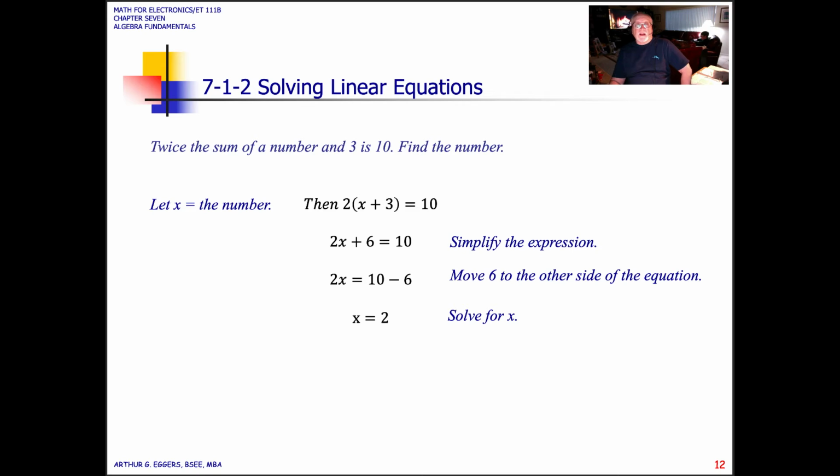So I'm going to subtract 6 from both sides, 10 minus 6, and in doing so I get an intermediate step there of 2x equals 4, and then I can divide both sides by 2, and I get x equals 2. So I've solved then for the number 2. So twice the sum of a number, that number being 2, plus 3 is 10.